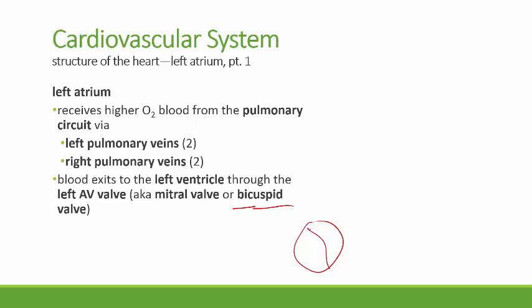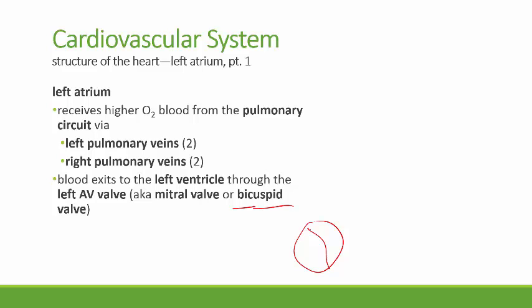And so it develops even more pressure than the right ventricle develops. And so it's got the double whammy. It has less equipment to do a harder job because it's got to withstand more pressure and only has 2 valves to do it with. And so that's why it is so prone to mitral valve prolapse.